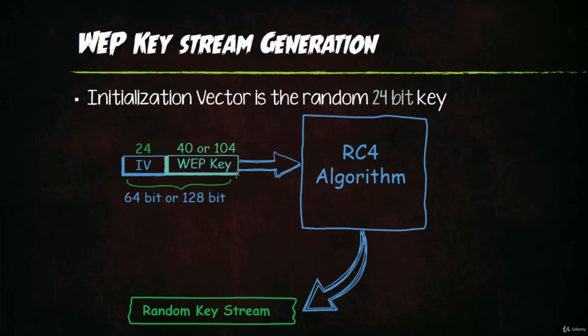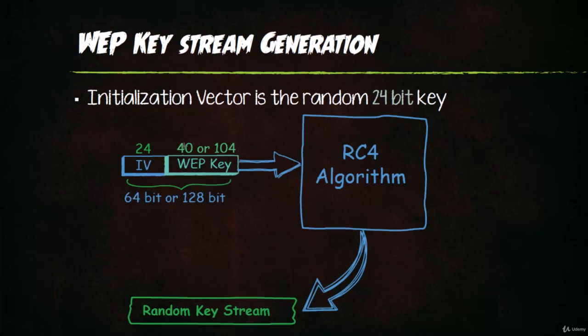A password could be 40 or 104 bits in length. We combine this WEP key with an initialization vector, and the initialization vector could be any random 24-bit key. So by combining these two, we get either a 64-bit key value or a 128-bit key value.